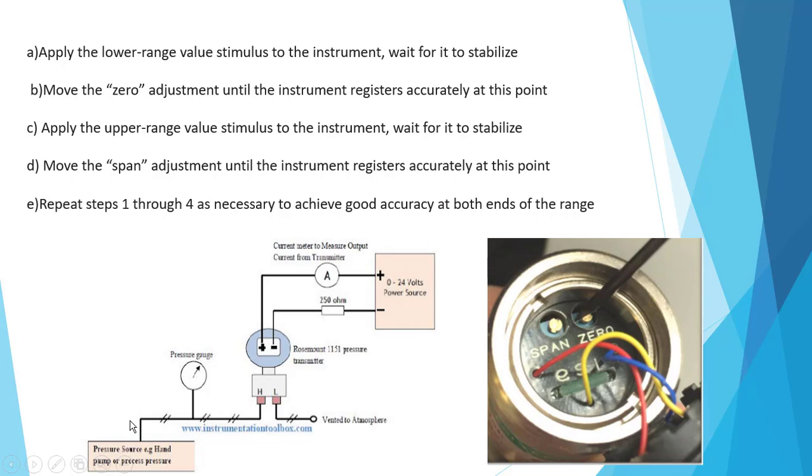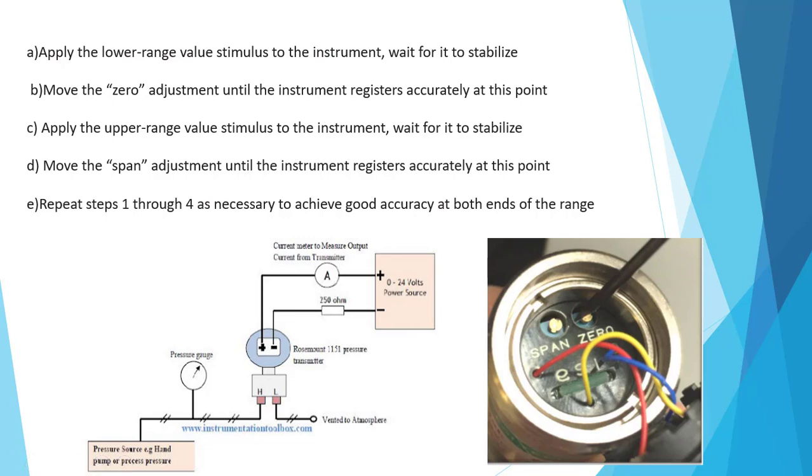You send the LRV pressure, for example, 50 PSI. Then make sure it's stable. Then adjust the zero screw. Make sure the multimeter reaches 4 mA.